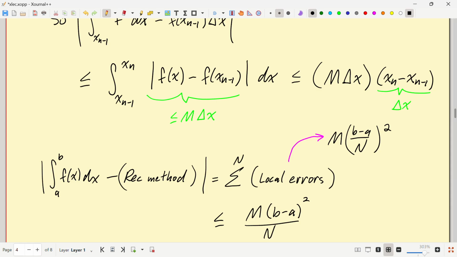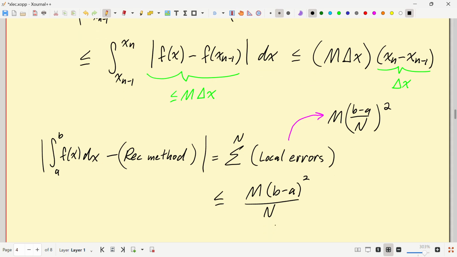So it's not nearly as good as the trapezoid rule. And if you experiment with it, it takes you forever to get honed in on the integral using the rectangle method. And it's so bad that usually the round-off error starts contributing in a key way to the error.